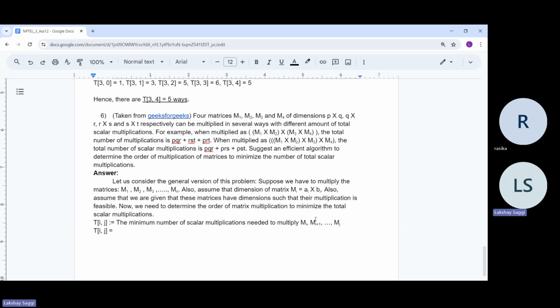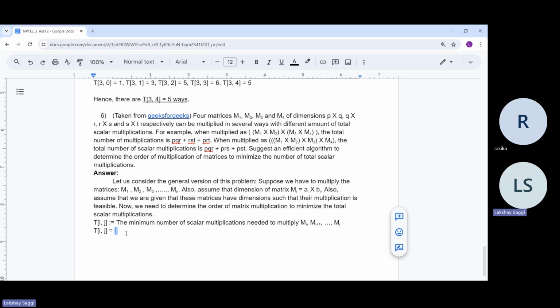Note that if I'm multiplying Mi with Mi plus 1 till Mj, there will exist a k such that the matrices Mi, Mi plus 1 till Mk get multiplied at the last step with the matrices Mk plus 1 till Mj. So in the end, we'll be left with the matrix Mi till Mk and the matrix Mk plus 1, Mk plus 2 till Mj, and we'll be multiplying those two together.